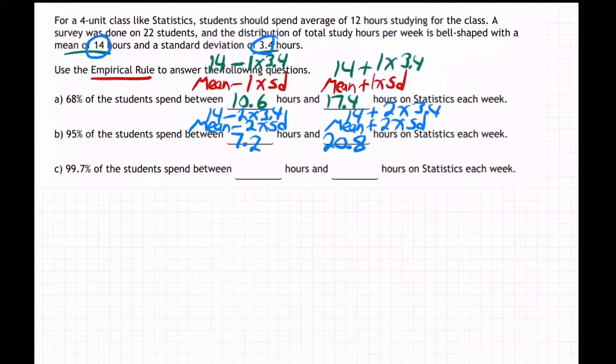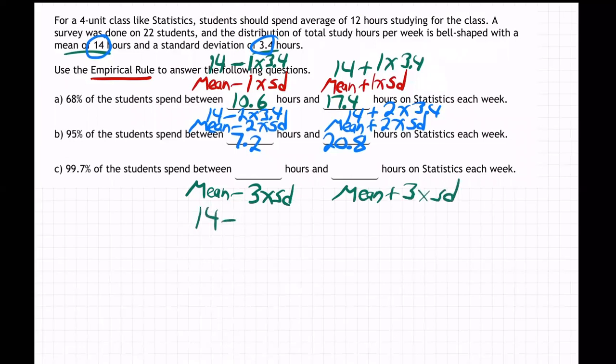And then the last one, 99.7, says right here: the mean minus 3 times the standard deviation to the mean plus 3 times the standard deviation. So we'll do that. The mean again is 14 minus 3 times the standard deviation, again 3.4, and this will be 14 plus 3 times 3.4.